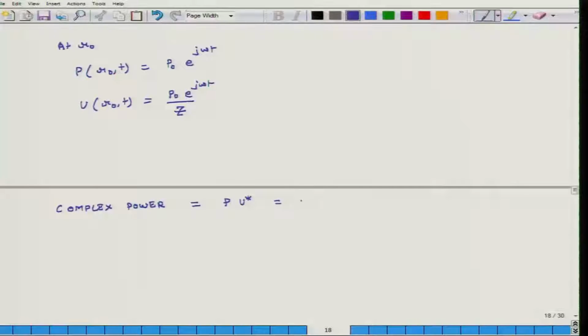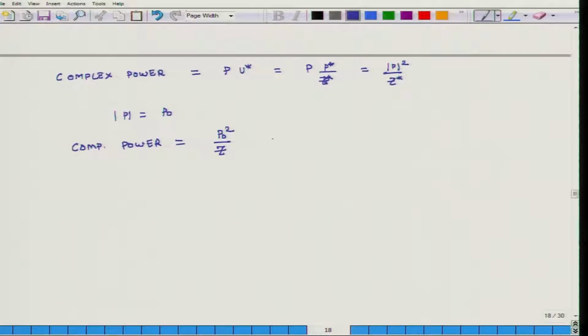So, this is equal to P times P star divided by Z star, and P times P star is modulus of P whole square divided by Z star. So, what is modulus of P? Now, modulus of P is equal to P naught. So, complex power is equal to P naught square by Z star.